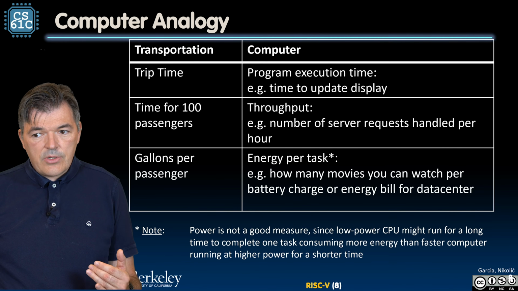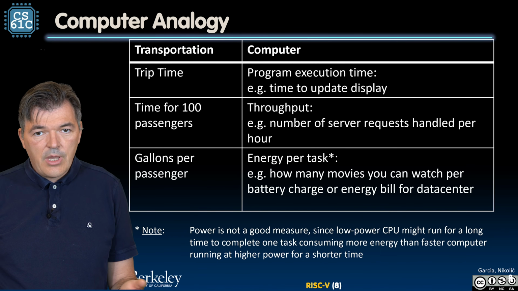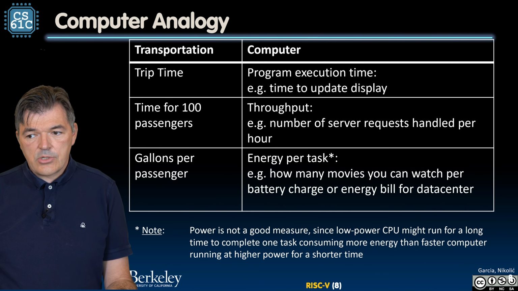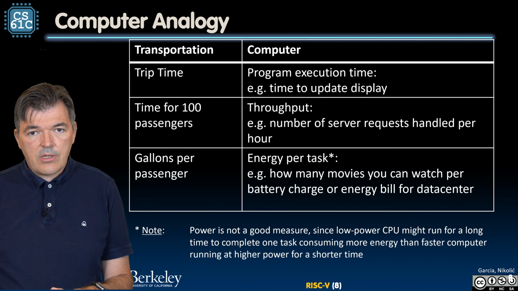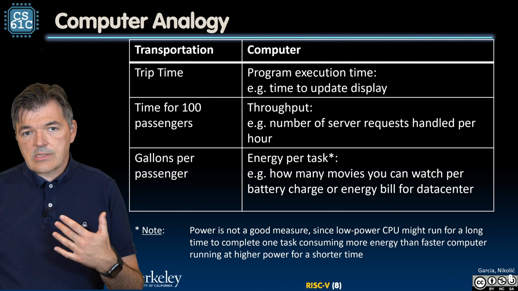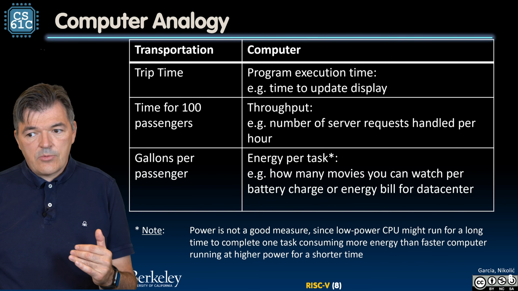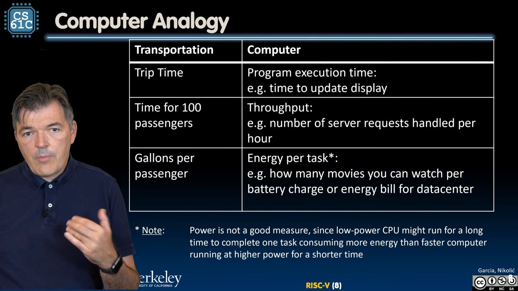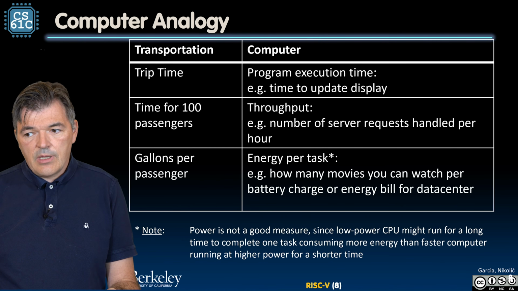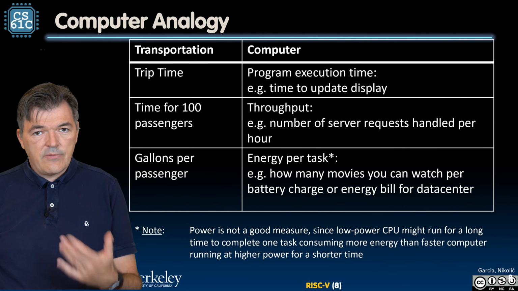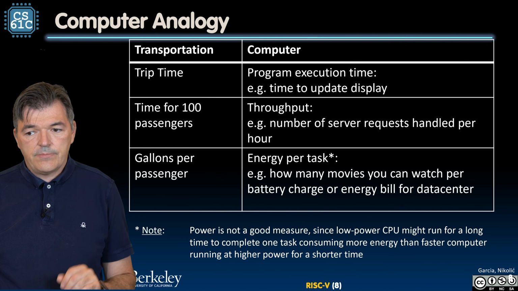The second metric that we had, in the transportation world, was the time to transport 100 passengers. In the compute world, it is a metric that measures how many tasks we can do in a given time. For example, how many web pages can be served in a given time, or how many server requests can be performed in an hour.